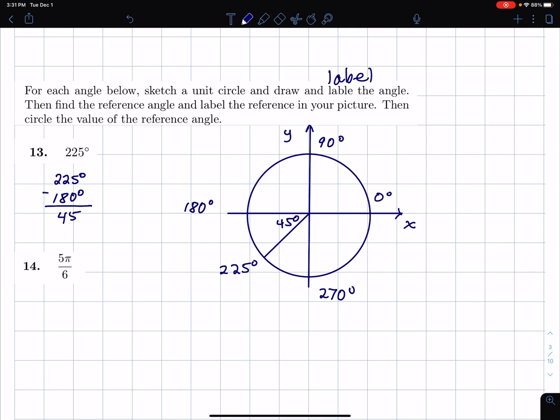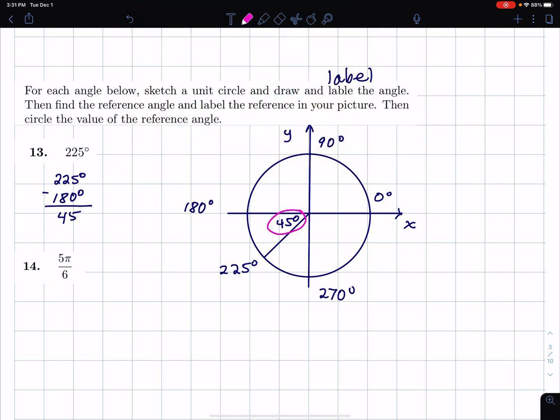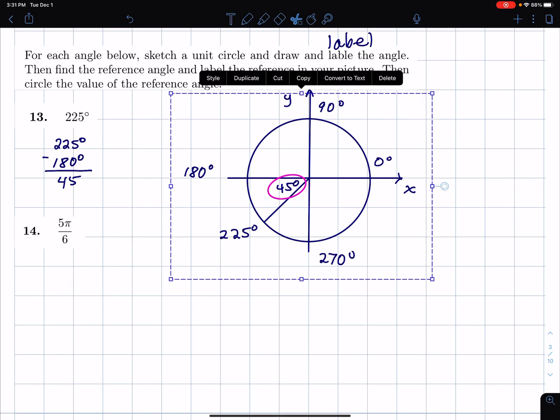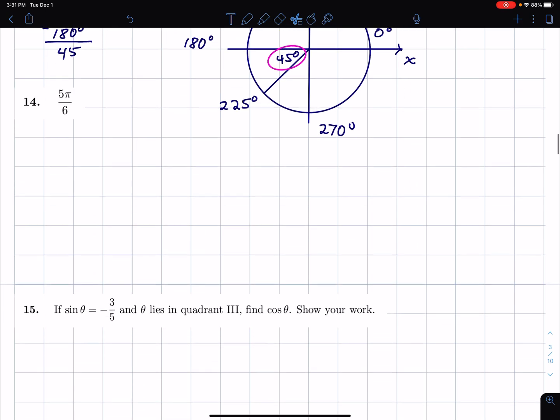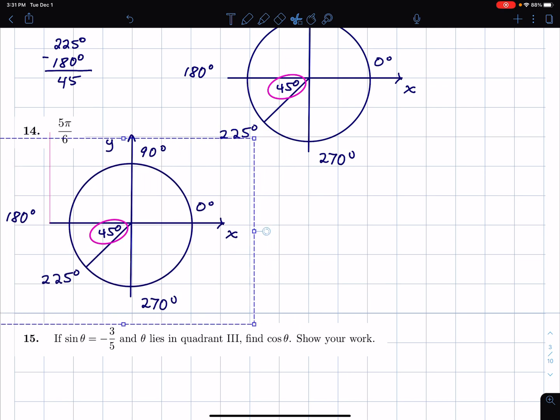Now, circle the value of the reference angle. I'll use a bright color. Here's the reference angle. It's the 45 degrees, the angle made with the x-axis.